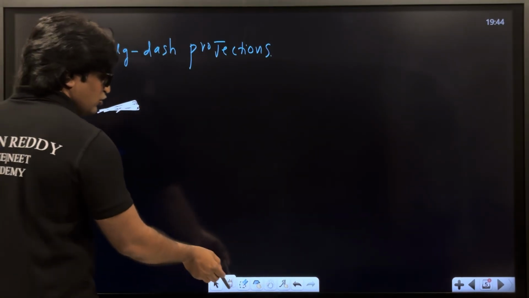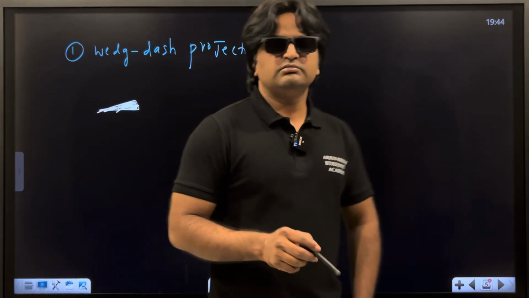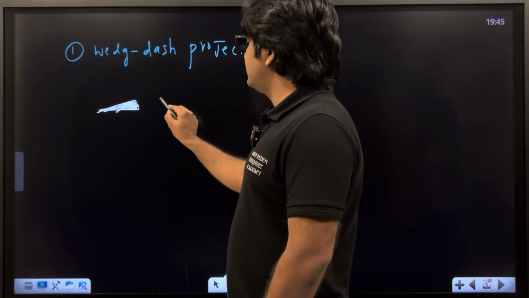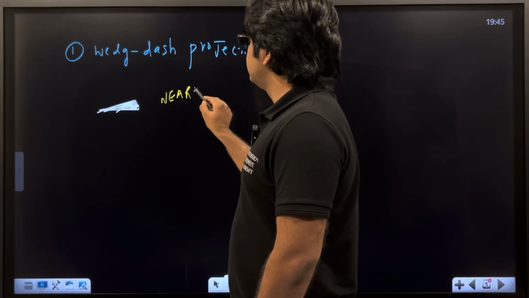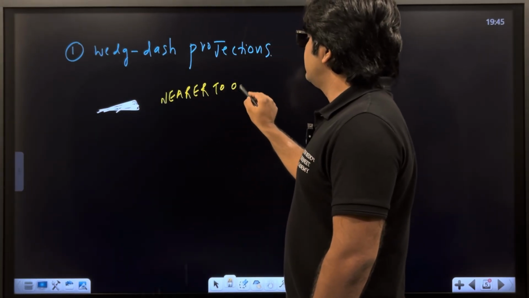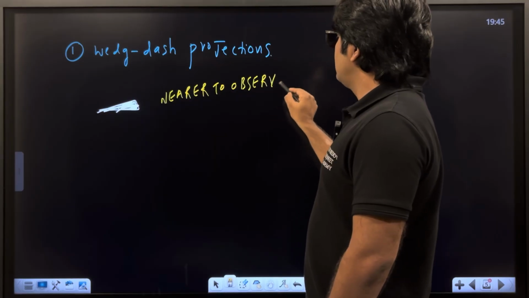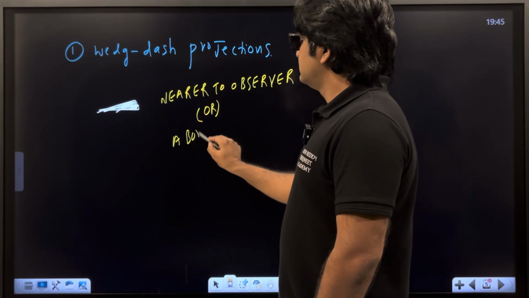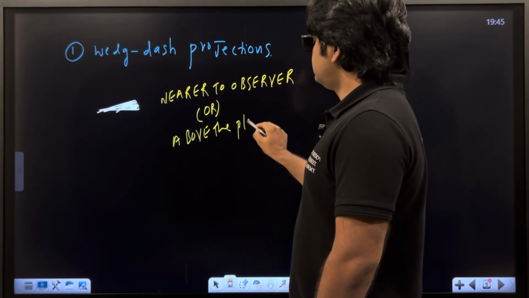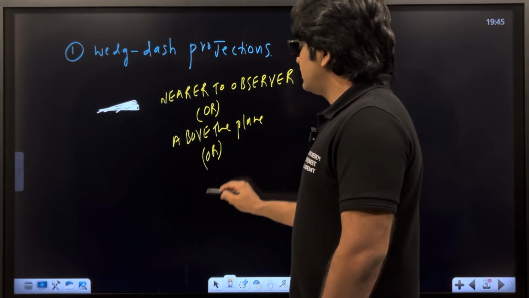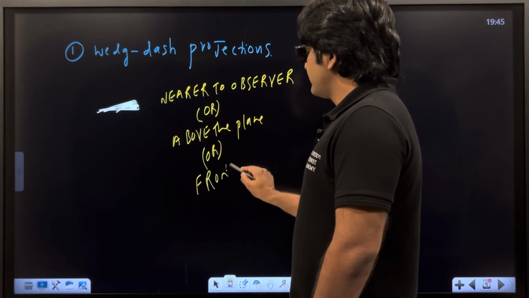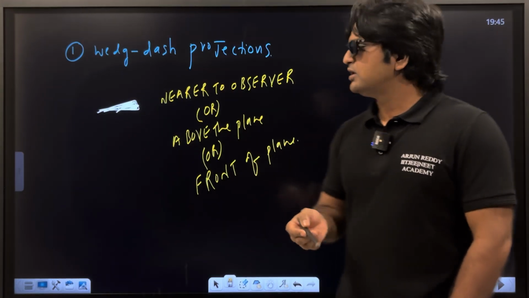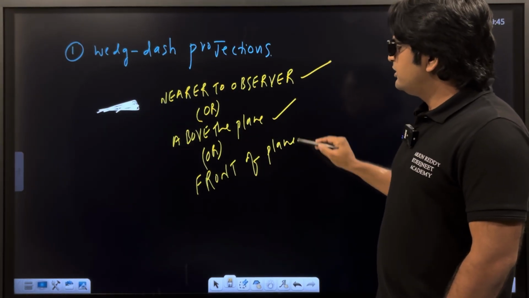Any atom or group which is present on thick wedge, it indicates that it is nearer to observer, or above the plane, or front of plane. Very, very important. Nearer to observer, or above the plane, or front of plane.